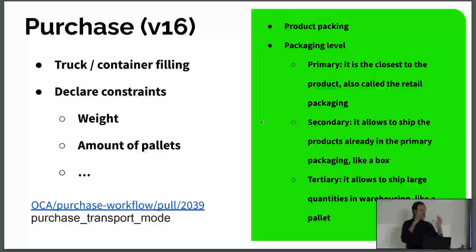It's very high level. It's interesting also to have this knowledge if you add purchase or sales information on an e-commerce platform. Maybe you want to expose to your customer that they can order box or pallet, but you don't want to go too deep. While the packaging type now in 16 is more tied to the inventory and allows you to be way more precise on how you want to control putaways in your warehouse. So it serves two different purposes, and there is a link between the two.